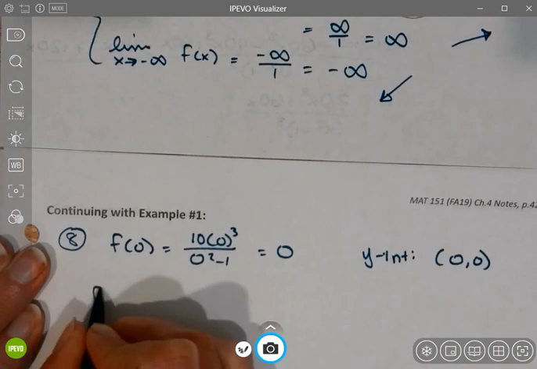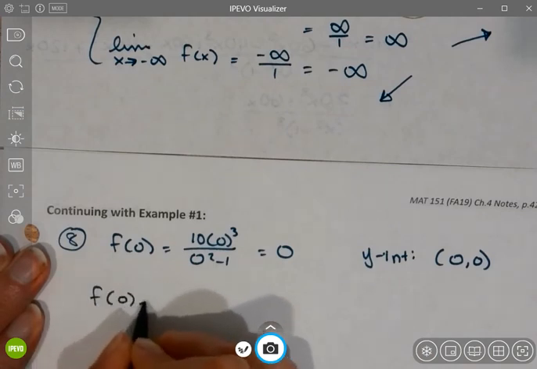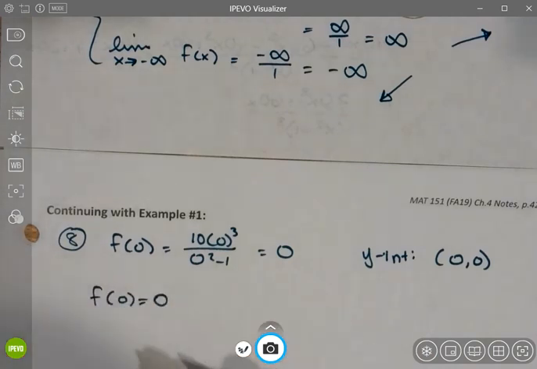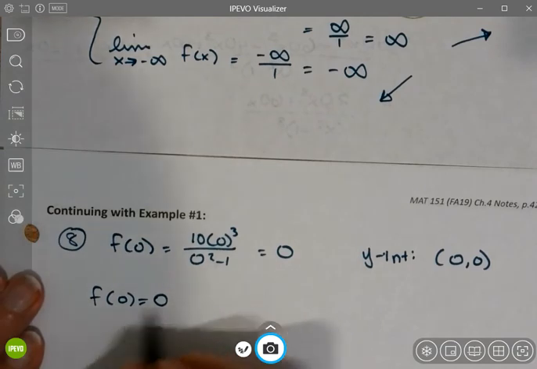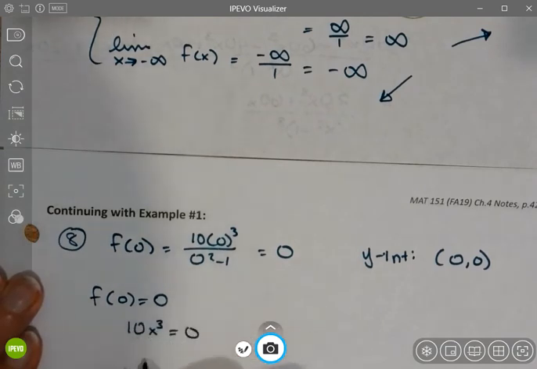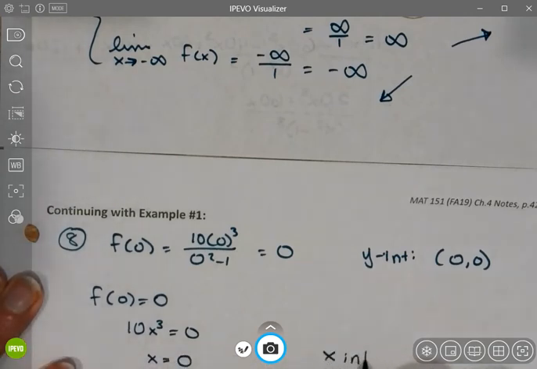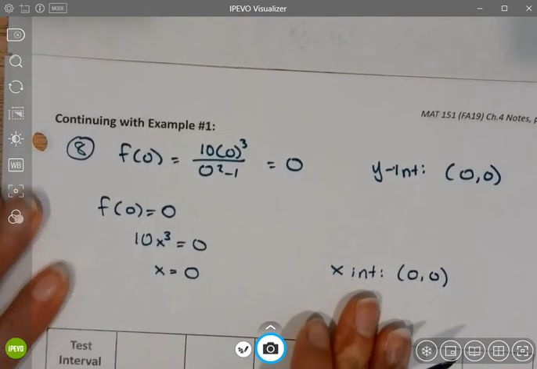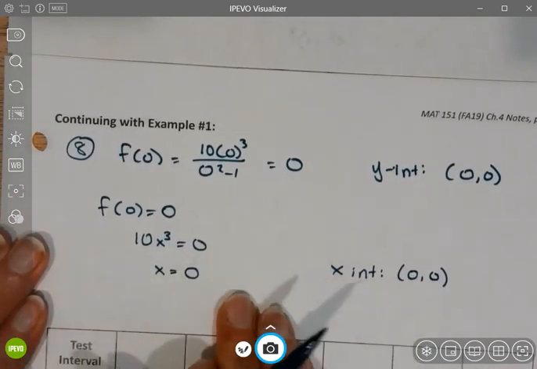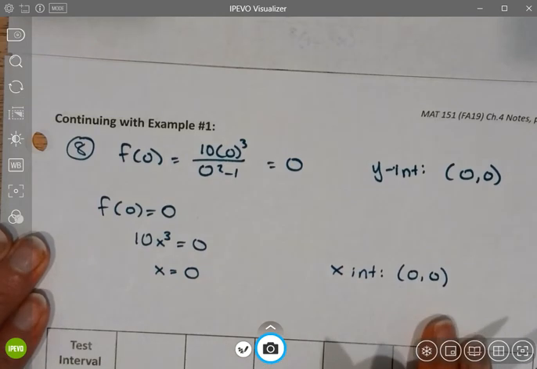And then for the x-intercepts, if I set the original function equal to 0, that will give me just the numerator equals 0, so 10x cubed equals 0. Again, x equals 0 is the only solution. So the x-intercept and y-intercept are the same point. There's the chance, of course, that you could have more than one x-intercept, but in this case we don't. We just have that single x-intercept.